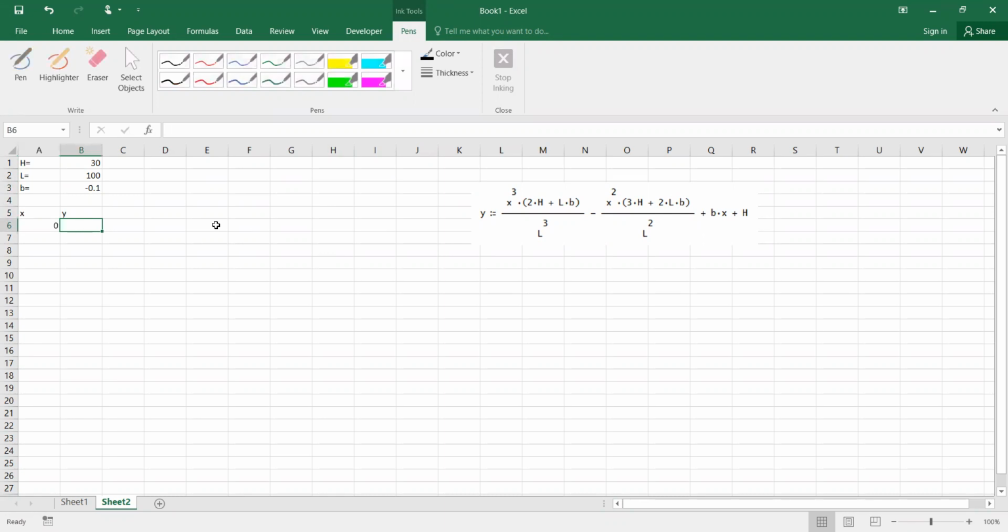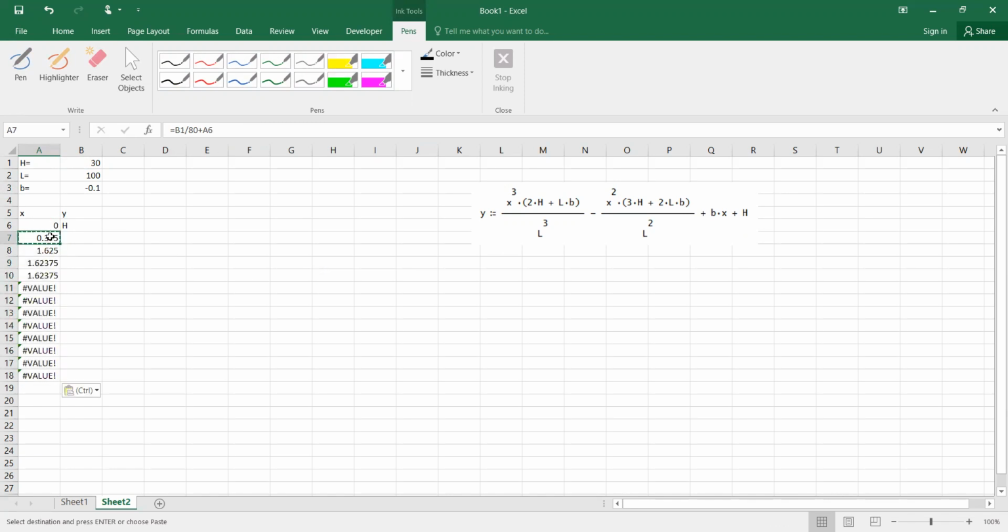The first value of y should be H. Now we are going to divide this x, the length here, by 80, so we can generate the steps here.